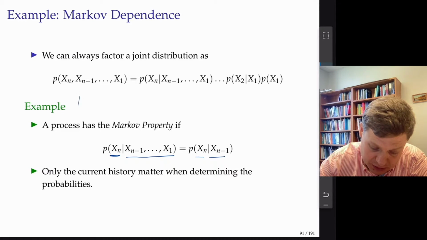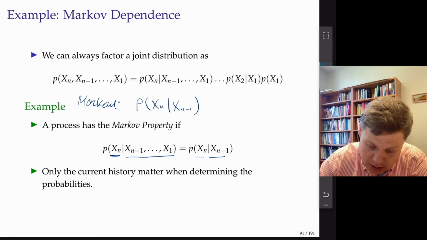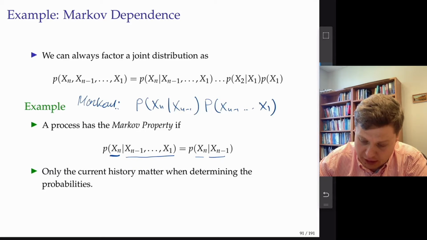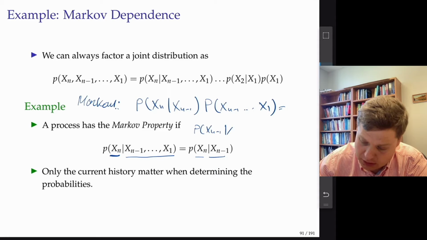So under the Markov assumption, the joint will be like this. You have xn given xn minus 1 times the prior probability of xn minus 1 given the rest, and then again, given the Markov property, that equals xn conditional on xn minus 1, and then xn minus 1 conditional on xn minus 2.